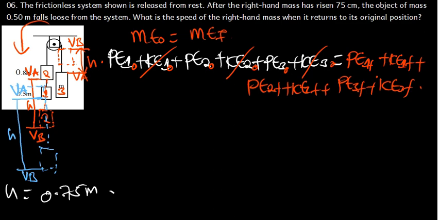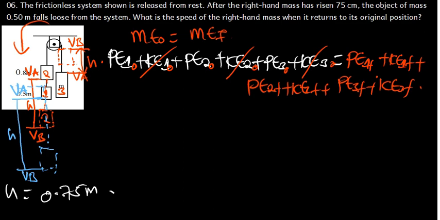The only ones which had the potential to fall initially are 1 and 2, because 3 was going up, so it was not falling. So we expect 1 and 2 to have potential energy because they had the ability to fall.